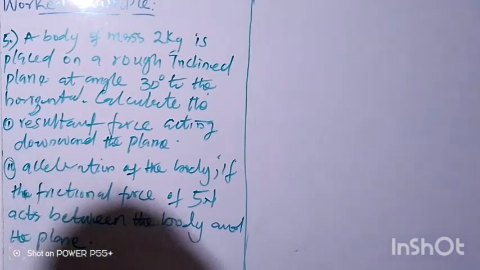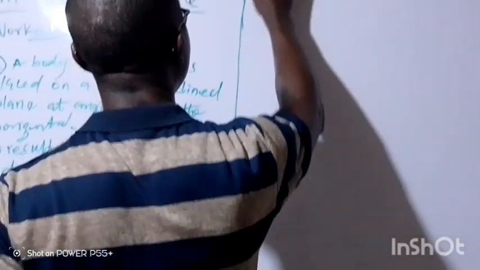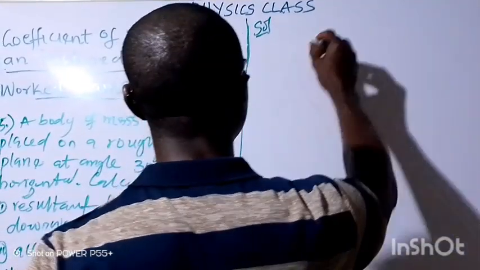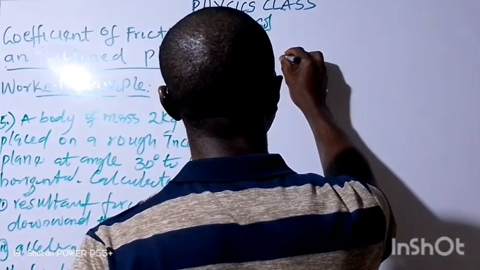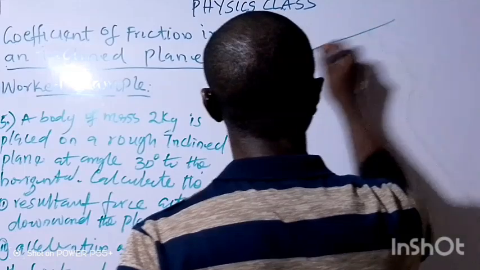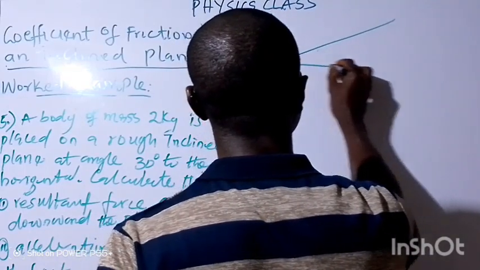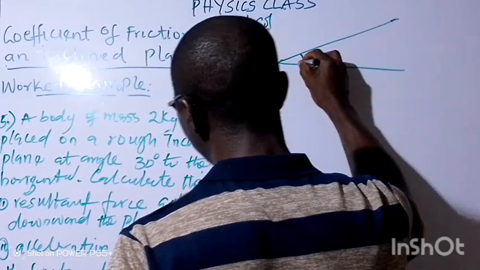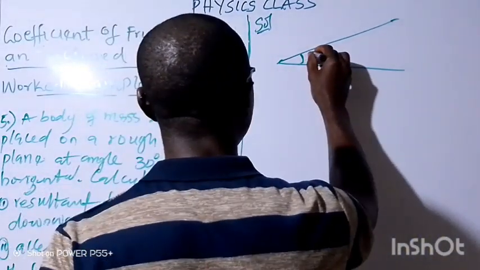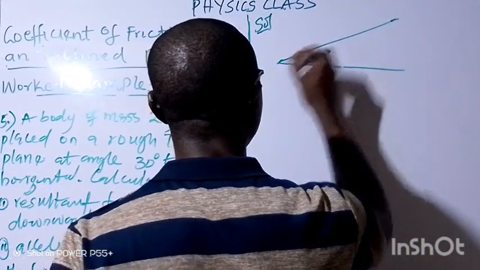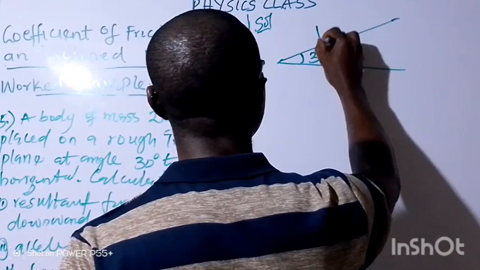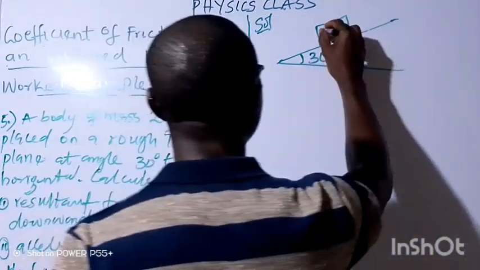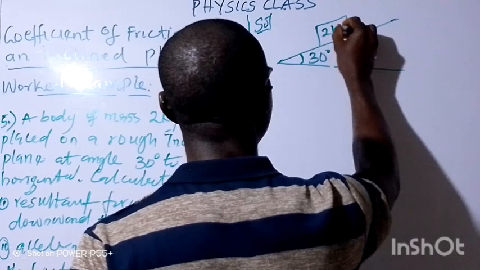Let's, the first thing to do again, is to draw it and know the direction of the forces acting on the body. This is the inclined plane. The angle of inclination according to the question is 30 degrees. So let's say this is the body, and the mass of the body is 2 kg.